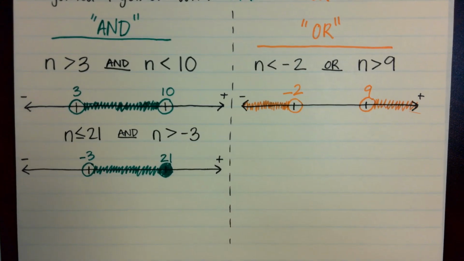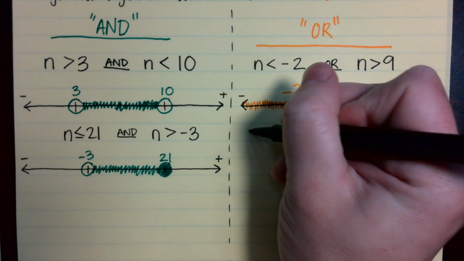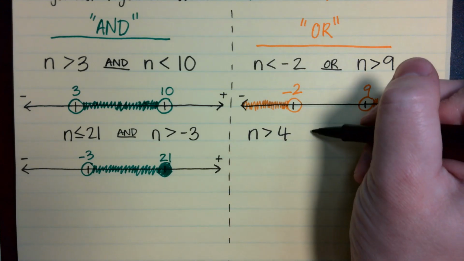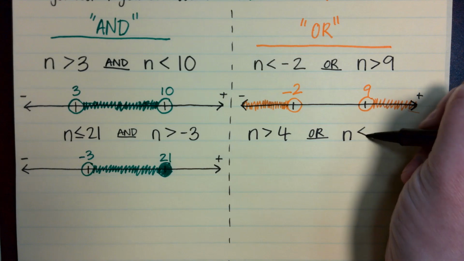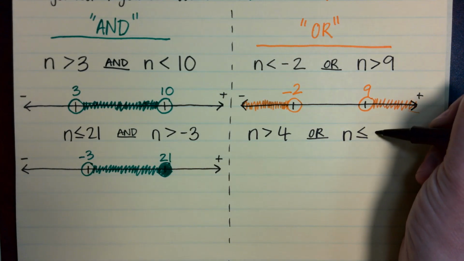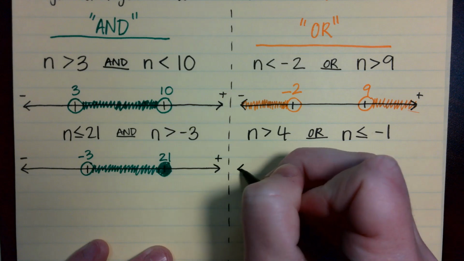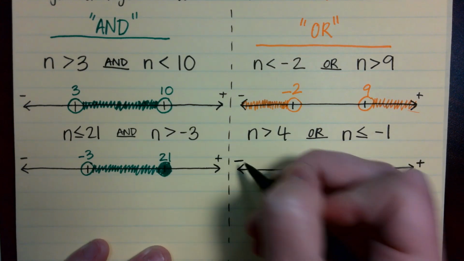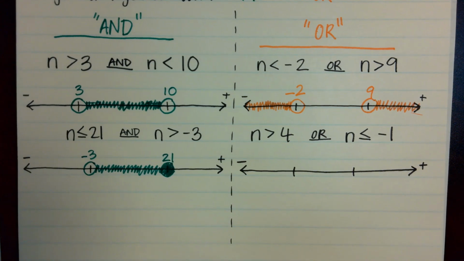All right, let's do another one. I have n is greater than 4, or n is less than or equal to -1. All right.